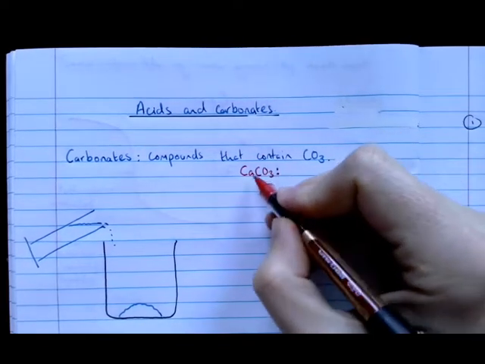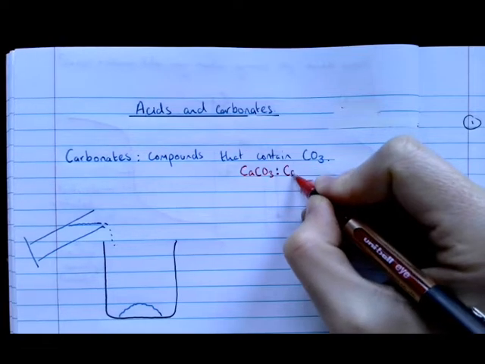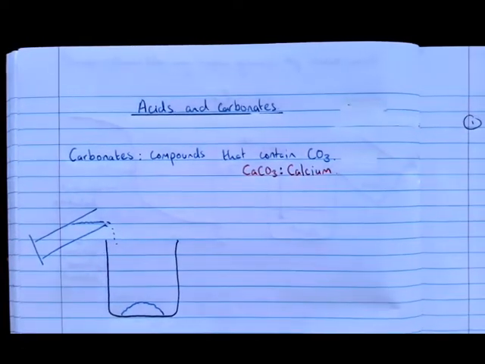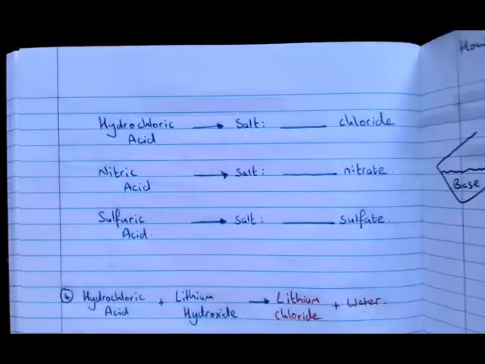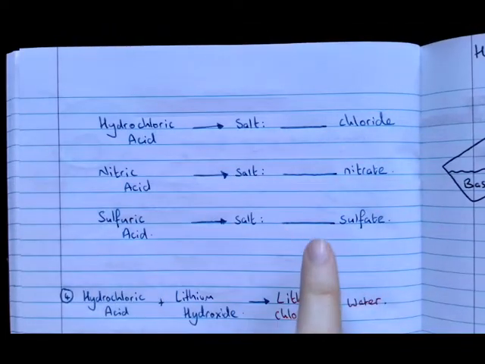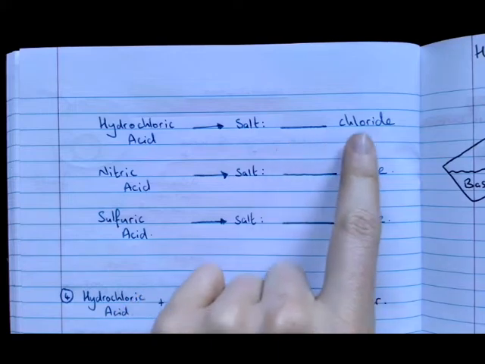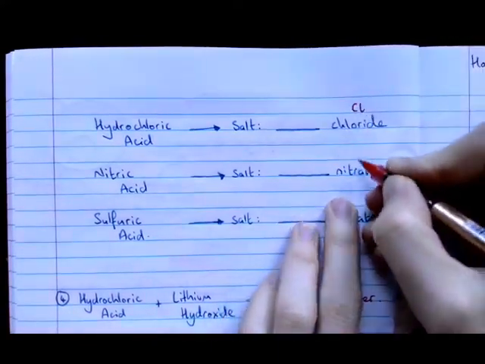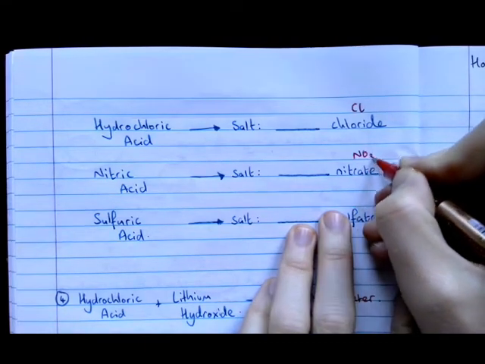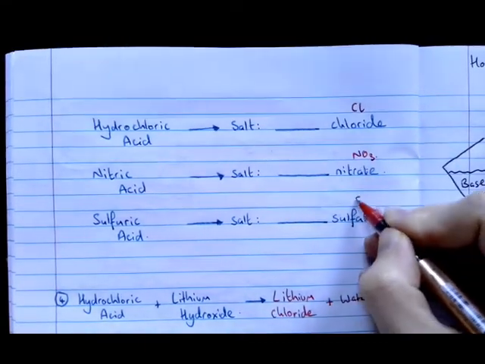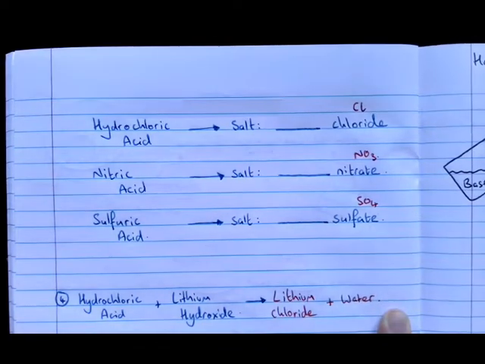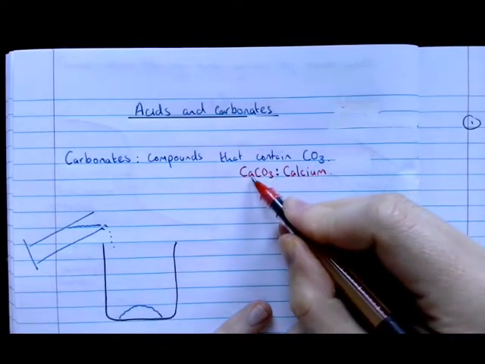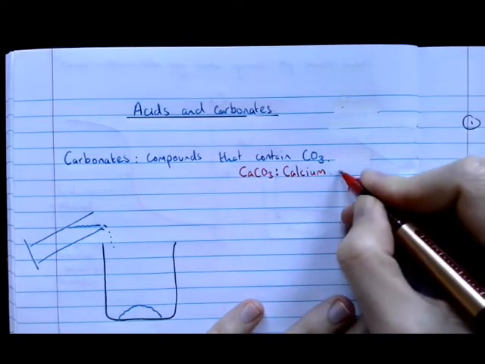So we take the name of the metal, calcium, and you'll remember from before that if it was a chloride salt, it meant it had Cl in it. And if it was a nitrate salt, it had NO3 in it. And if it was a sulfate salt, it had SO4 in it. Okay, now we've got CO3. So it's Ca, calcium, CO3, carbonate.